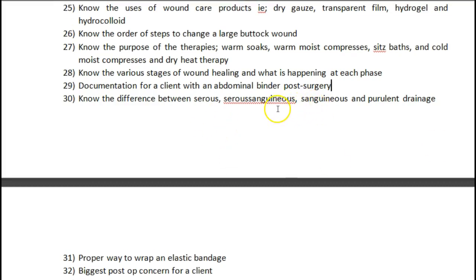I did not mention serous, sanguineous, and purulent. Serous drainage is what you pretty much want to see. It's pale, watery, just plasma, no odor. Serosanguineous is pale, more watery, a combination of plasma and red cells, and it may be blood-streaked, and it comes off as pinkish in color.